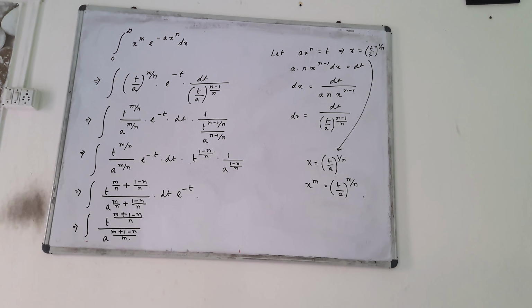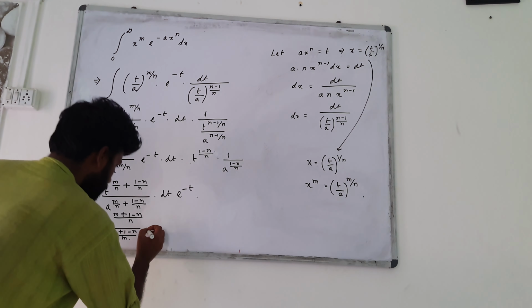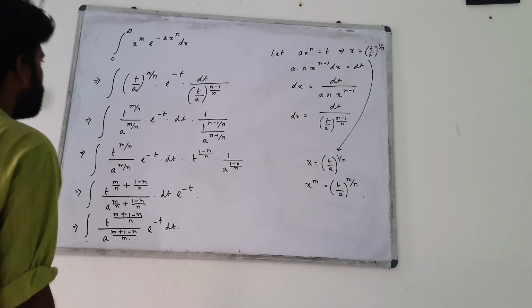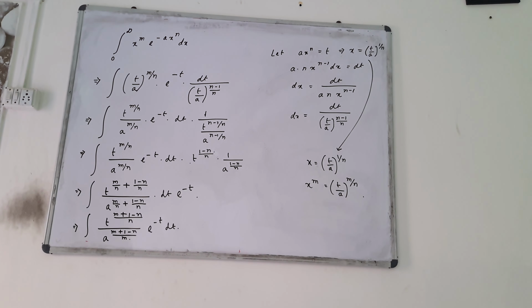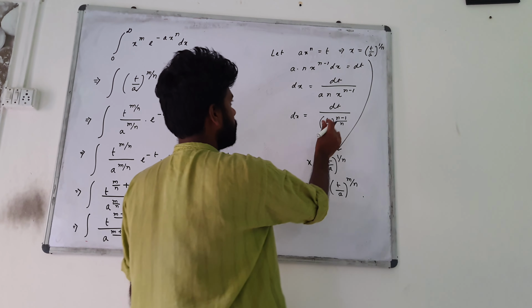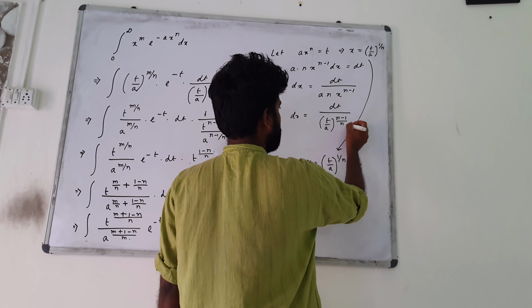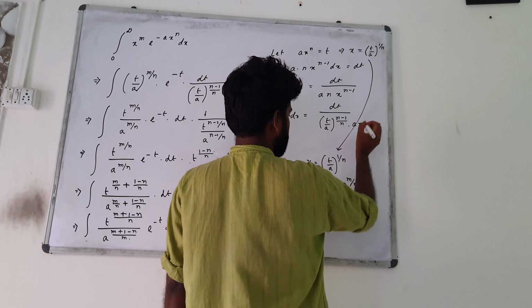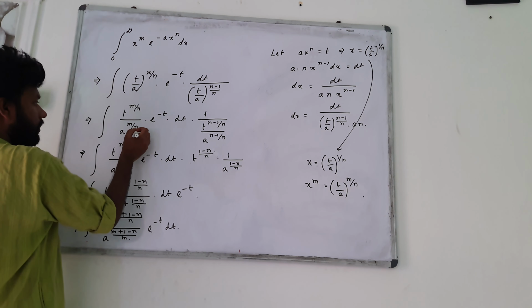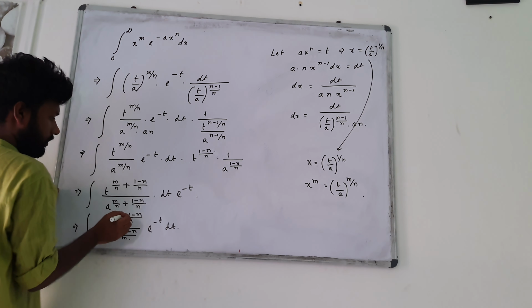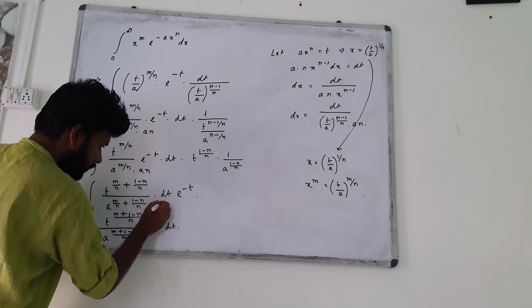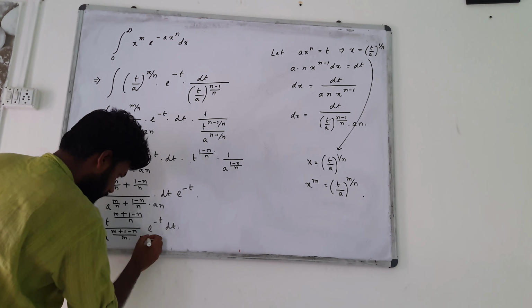Exponential of minus t dt. And there is a to n, so a to n there. So here the a to n, and then a to n.